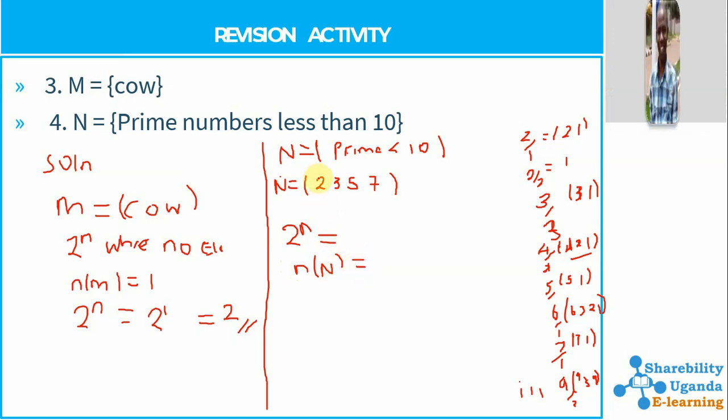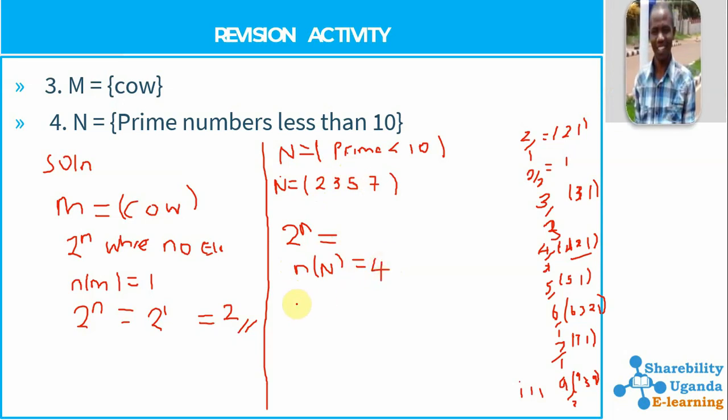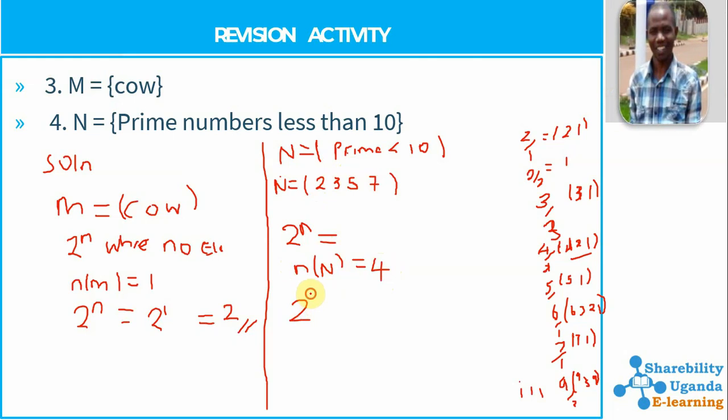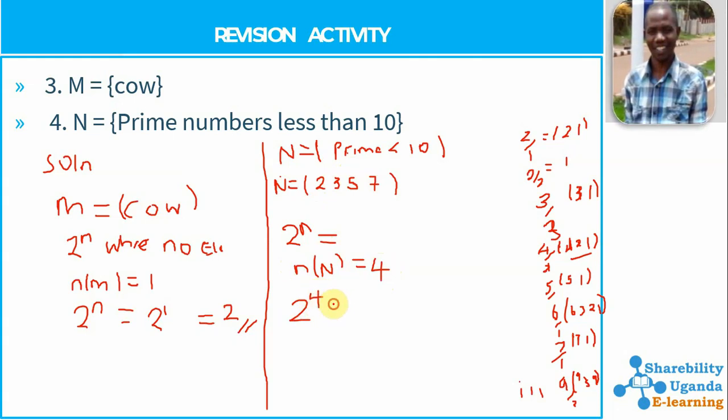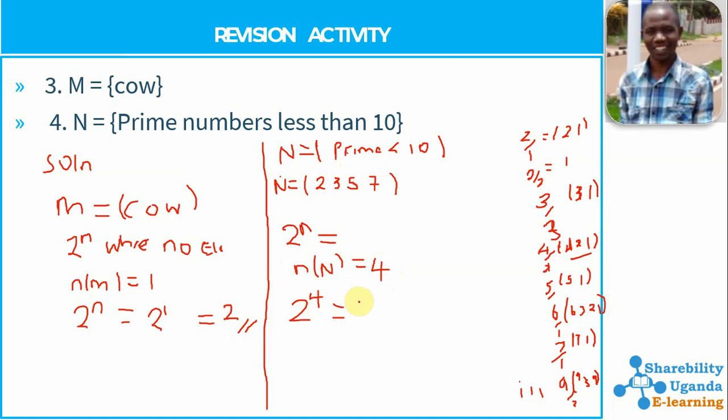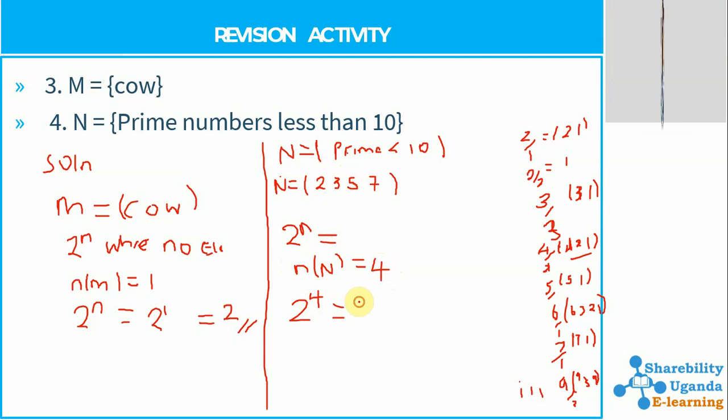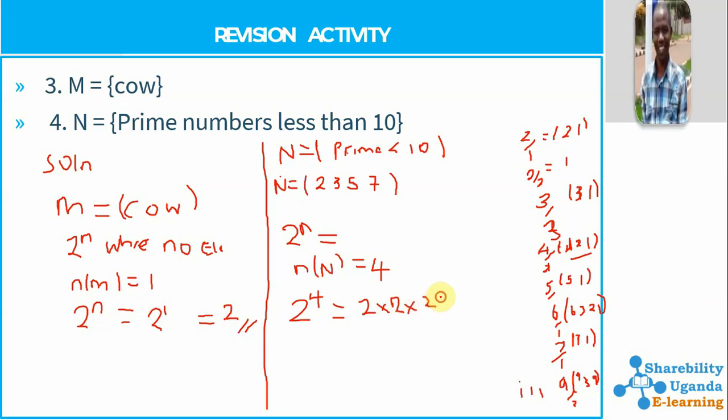They are the first element, the second, the third, and the fourth. They are going to be equal to 4. So that means 2 to the power 4 is going to be equal to 2 four times. Okay, 2 how many times? 4. Okay, 2 four times.